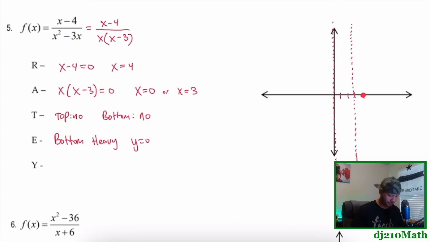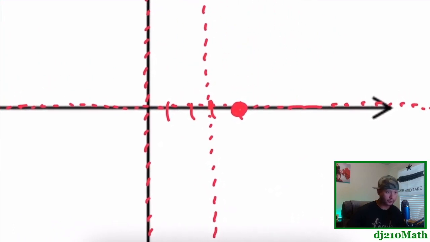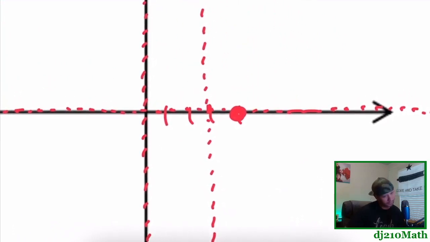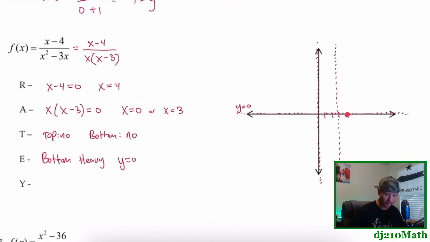So y equals 0. All right, and we just want to note that the horizontal asymptote goes through the x-intercept. So we know that that's okay.